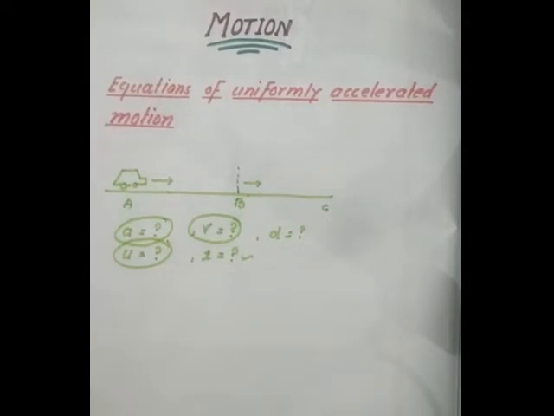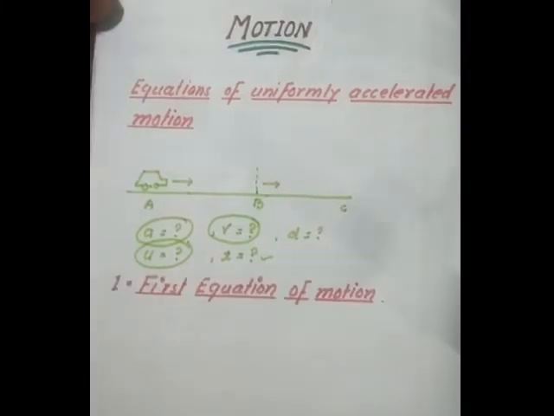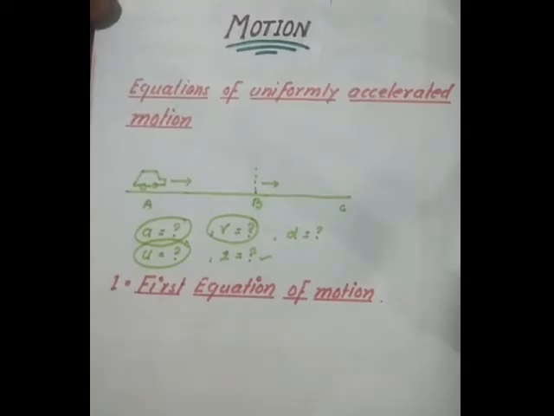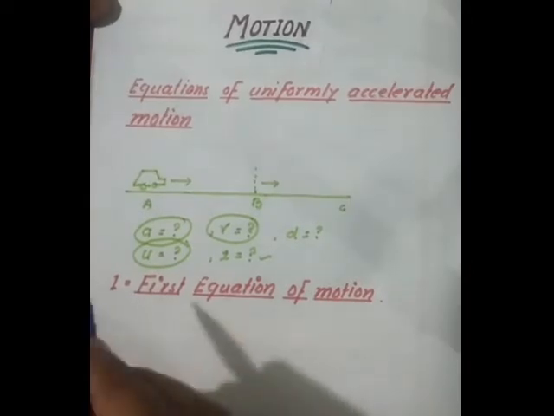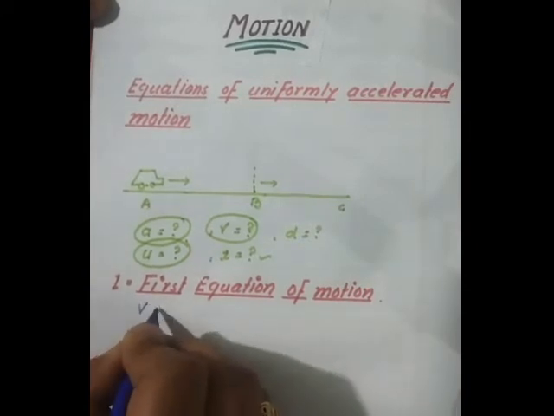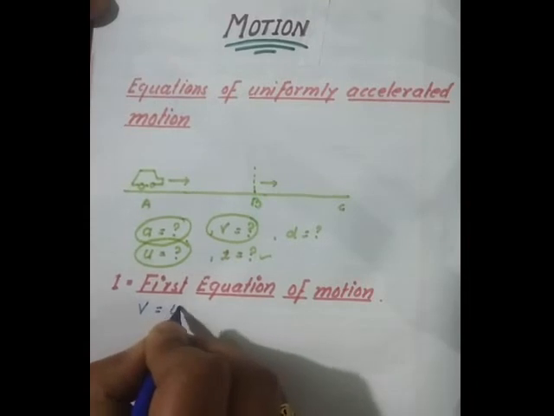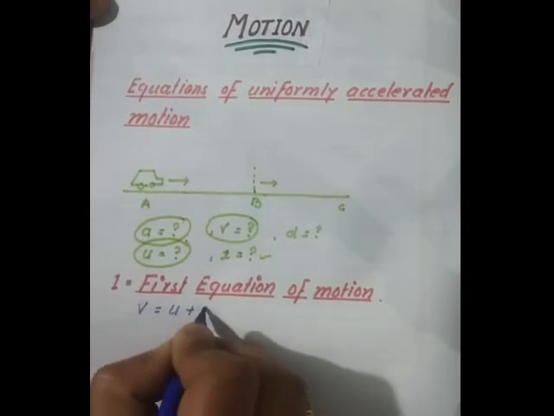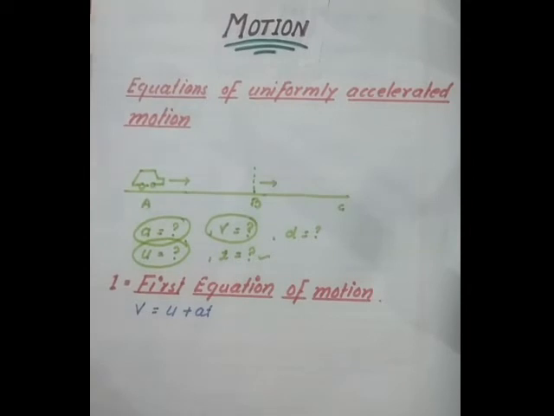So, we start with our first equation of motion. The first equation of motion is v equals u plus at.